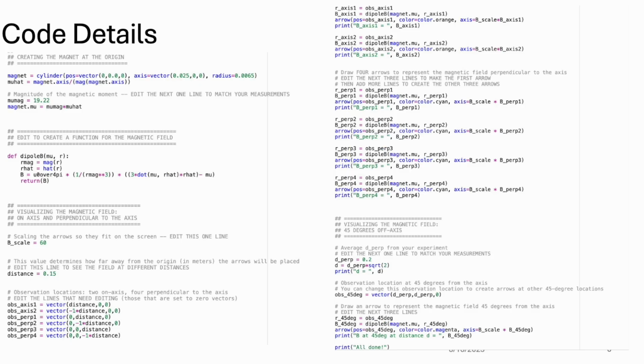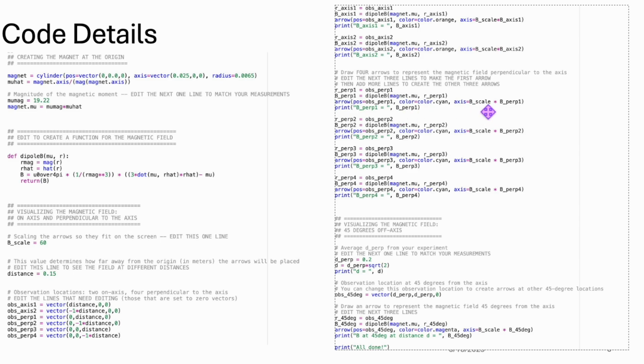So here are my code details. You can see over here I put 19.22 for my mu magnet. Over here is just the function for creating the magnetic field. These are just some distances to create the arrows and locations on the image from the code. Over here are all of the observation locations that we're going to be looking at. And over here are the 4 arrows representing the magnetic field.